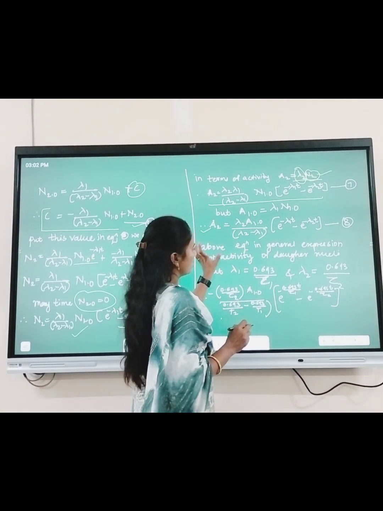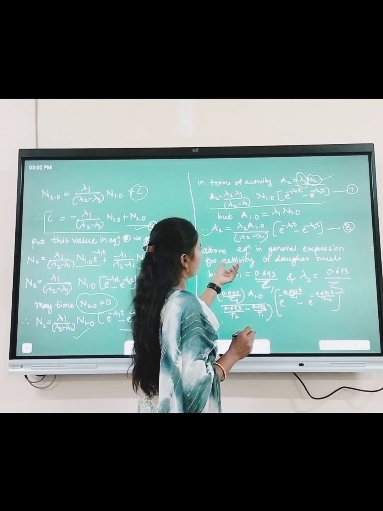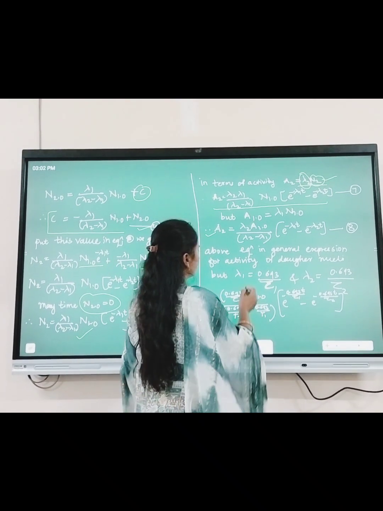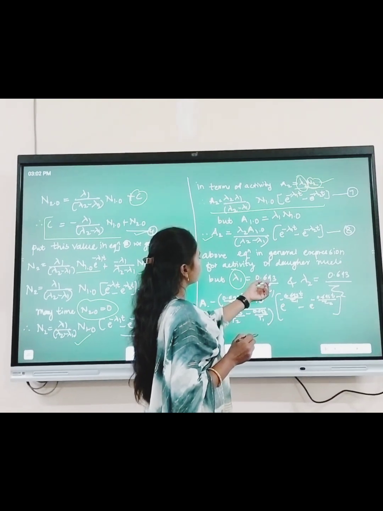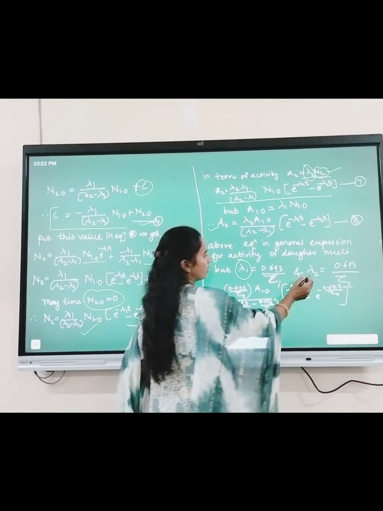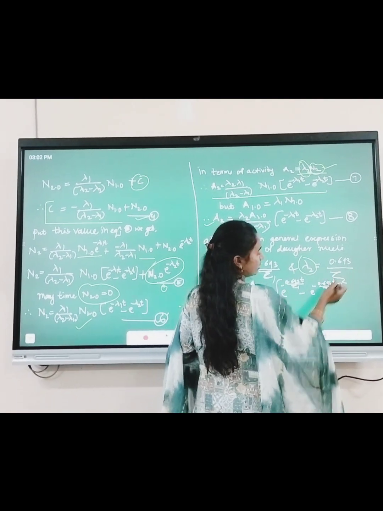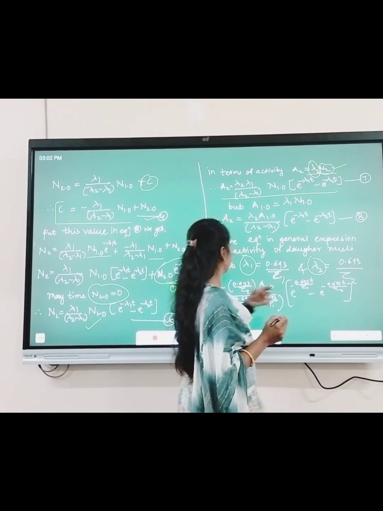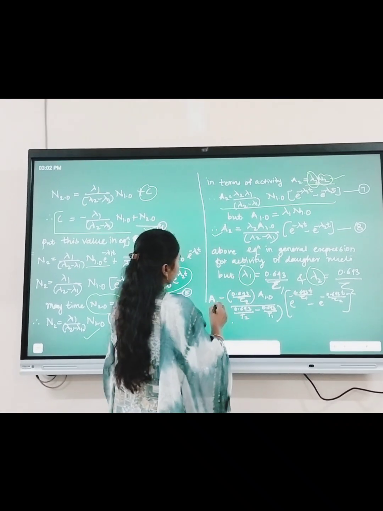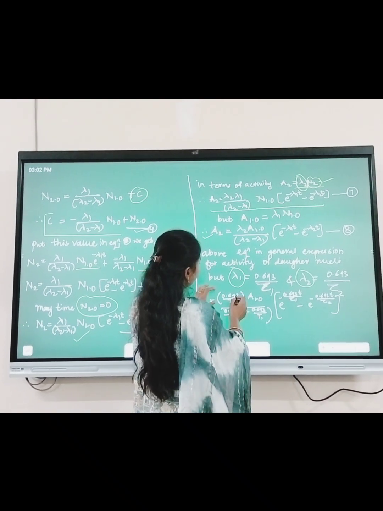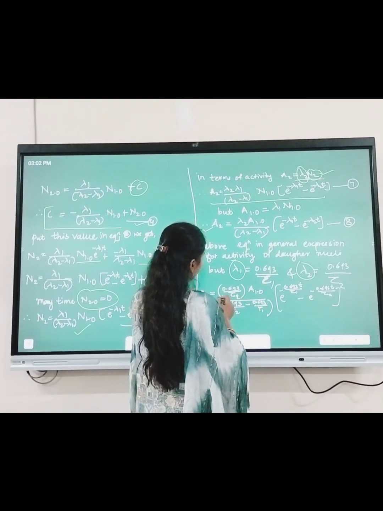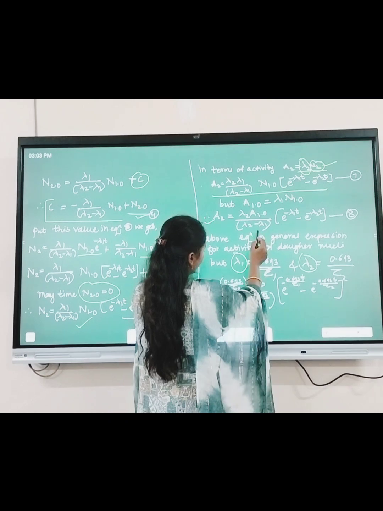Then in this general expression for activity of daughter nuclei, we know that the value of lambda 1 is 0.693 divided by tau 1 and lambda 2 is 0.693 divided by tau 2. So we have A2 is equal to, we put the values of lambda 1 and lambda 2 here.